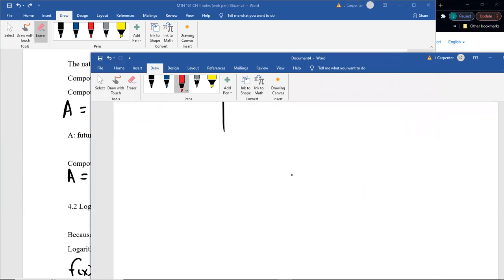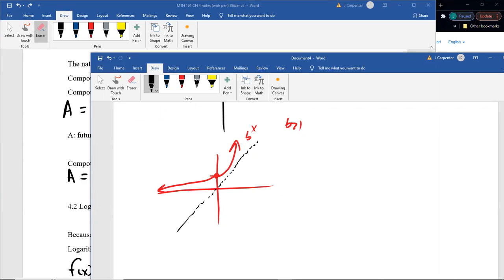We'll see this in a bit, but I just want to go ahead and point it out. If this is your b to the x, now I'm obviously assuming that b is bigger than 1 here. Here would be your line y equals x, which is our mirror.